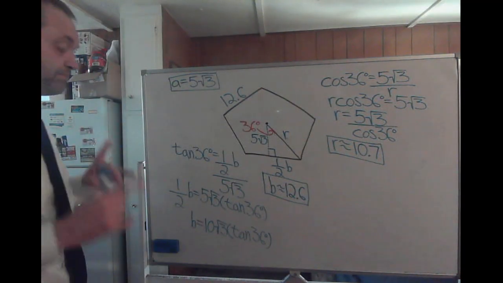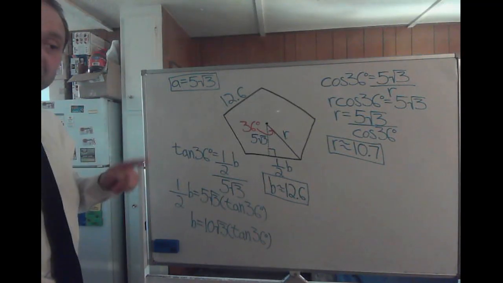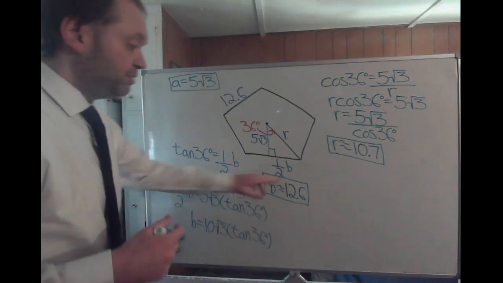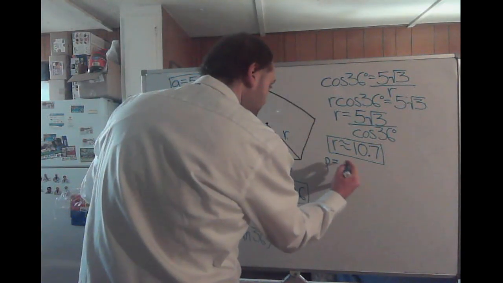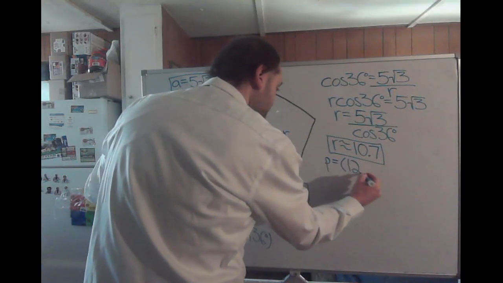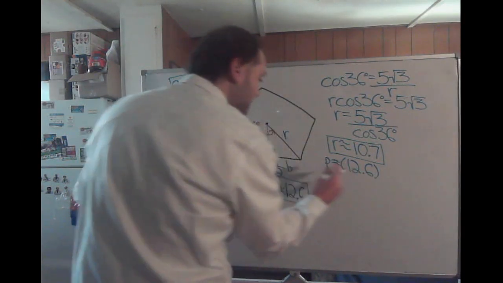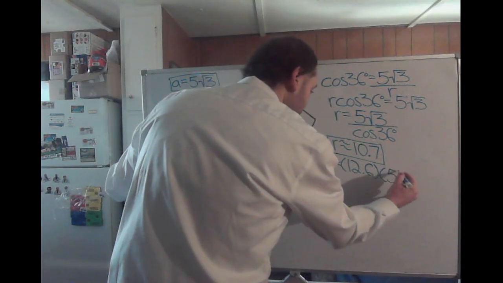Okay, well, we now know all the lengths we need to know. We just need to find the perimeter and ultimately the area. We have the length of a base being 12.6. So to find the perimeter, you just take the length of one of those bases, which would be 12.6. This will actually be approximate since we've done approximations. This will be times the number of sides, 5.